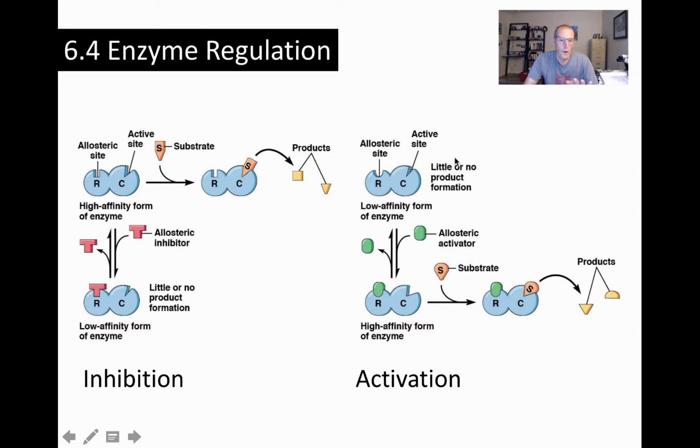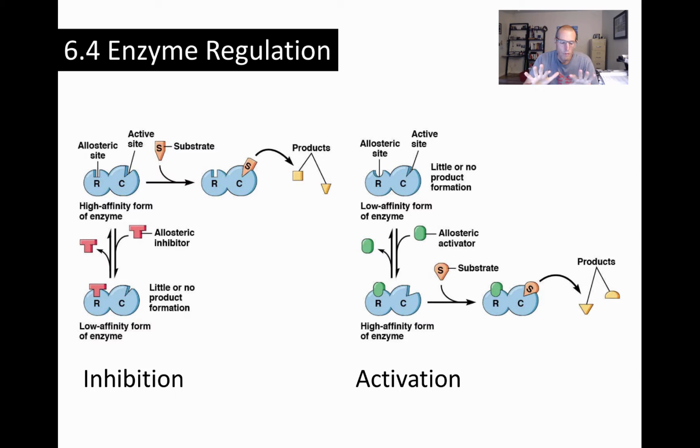And now we can think about allosteric regulation as being either inhibition, like we just saw, or activation. So allosteric enzymes in general have 2 conformations. That means just 2 shapes. These enzymes have one conformation where they have an affinity for the substrate, that means they readily bind it, and one conformation where they don't bind the substrate.